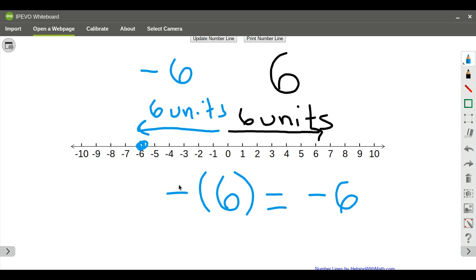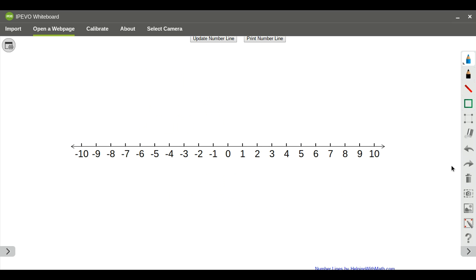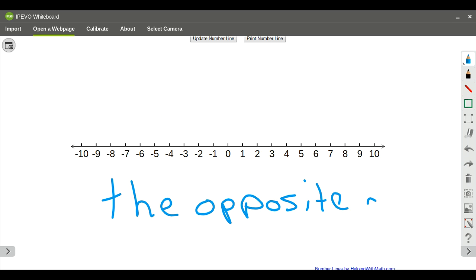That negative sign in front of parentheses is going to represent an opposite notation. Another way that I can represent an opposite notation is if I simply have the words "the opposite of."